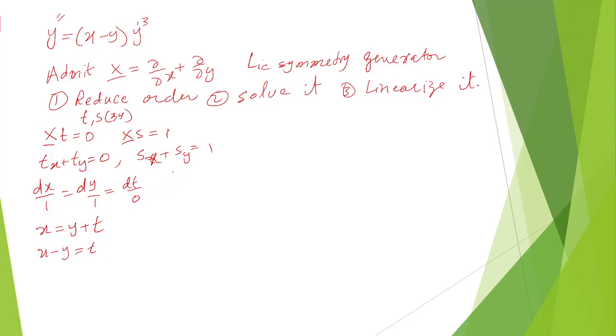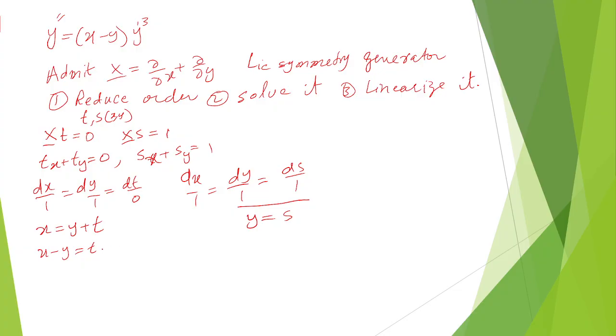Now solving this one, this is dx over 1, dy over 1 and ds over 1. So solving this equation, y is equal to s. This one will give me s is equal to x, but for the time being I am taking the other choice. y is equal to s and t is equal to x minus y.